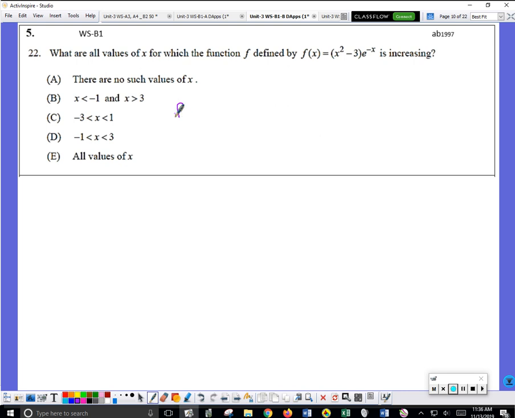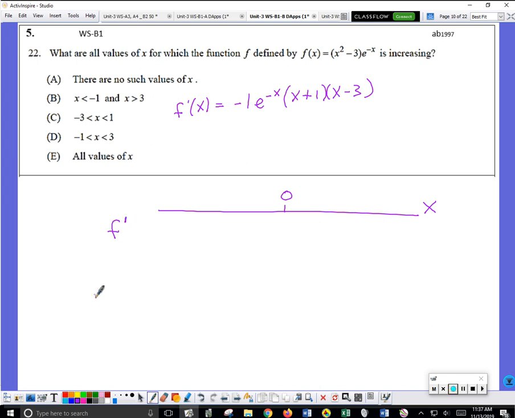F prime is -1 multiplied by e to the negative x multiplied by x plus 1 multiplied by x subtract 3. So I draw a number line. The number line represents all possible values of x. I want a sign chart of f prime. That's what I'm trying to get.